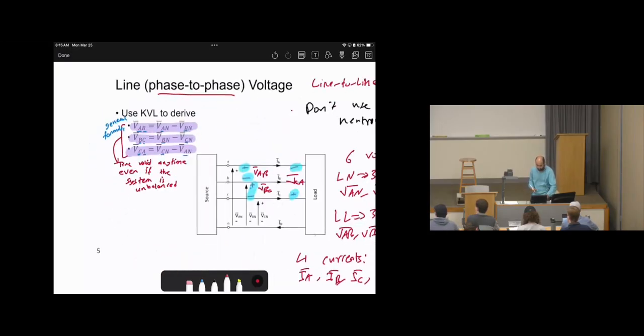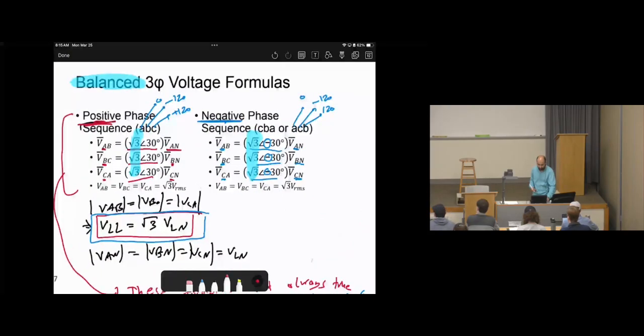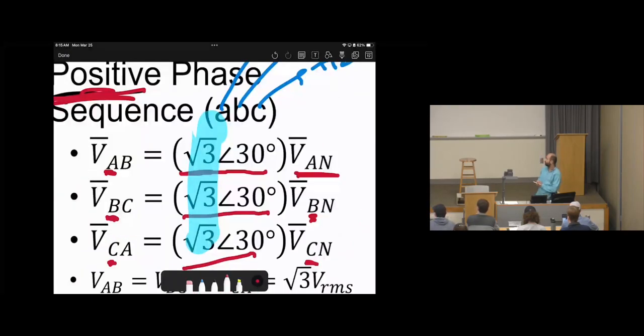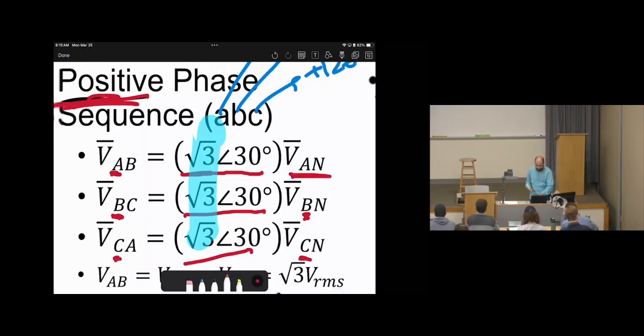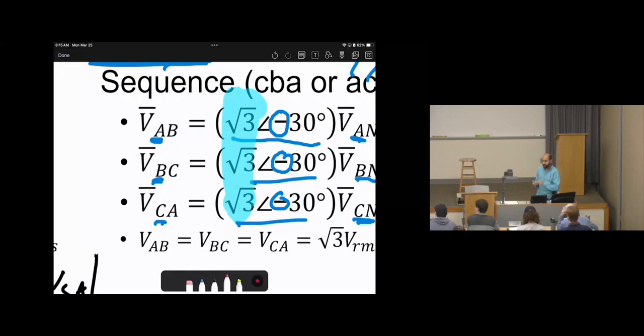Then we went through a special case by assuming balanced and positive sequence. So VAB equals root of 3 angle 30 times VAN. That's what we discussed before. Then we said that if it is negative sequence, it will be angle negative 30. That was when we discussed line-to-line and line-to-neutral voltages.